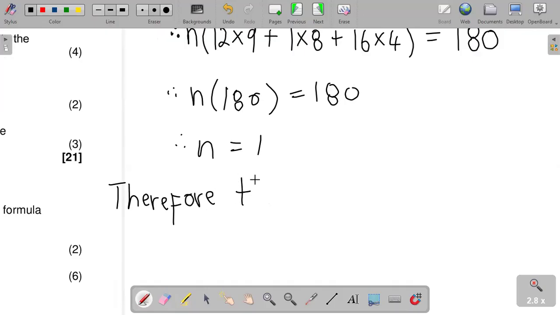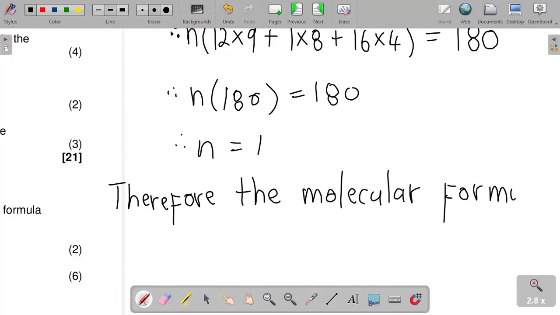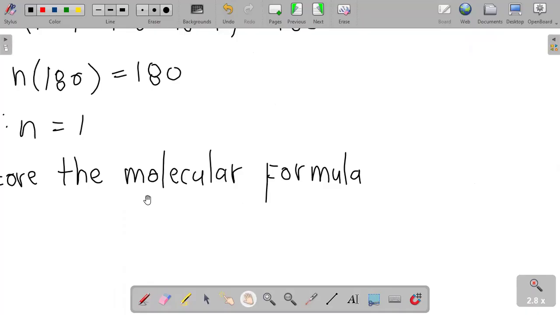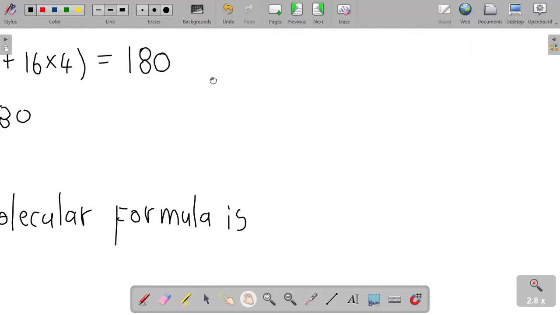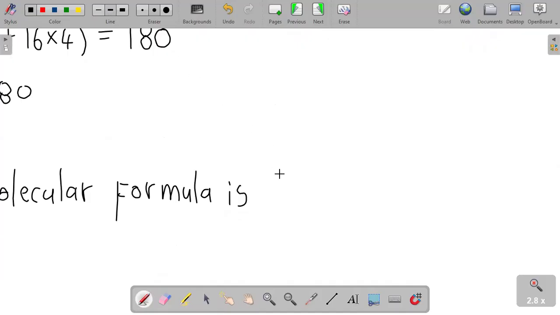Therefore, the molecular formula over 4.